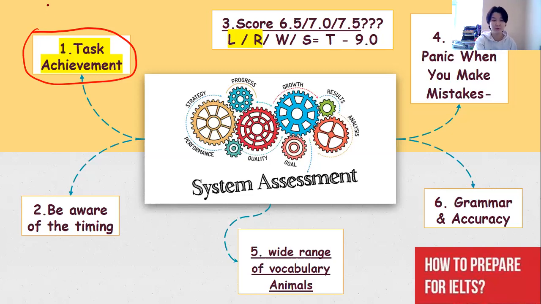Mainly it is relevant for the speaking part and the writing part, and reading, I guess, as well. In listening, you should just complete the given gaps by listening and catching some information. So task achievement is whether you answered the question or not, and whether you have responded correctly or not.